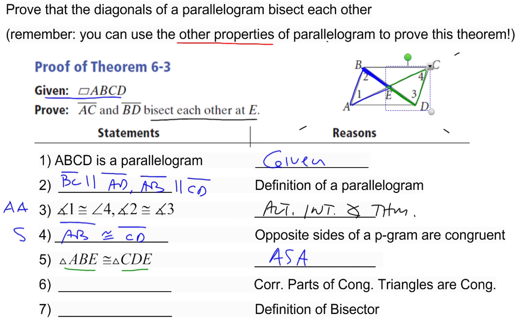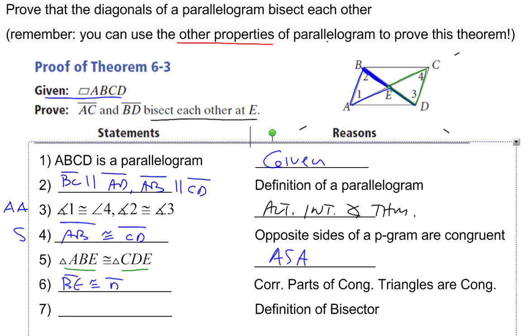So in other words, if you took this and rotated it around, these two correspond with each other. So I know that they would be equal to each other because all corresponding parts of congruent triangles are congruent. So I can say that BE, line segment BE, is congruent to line segment DE, and I can also say that AE, which is this piece right over here, is congruent to CE.